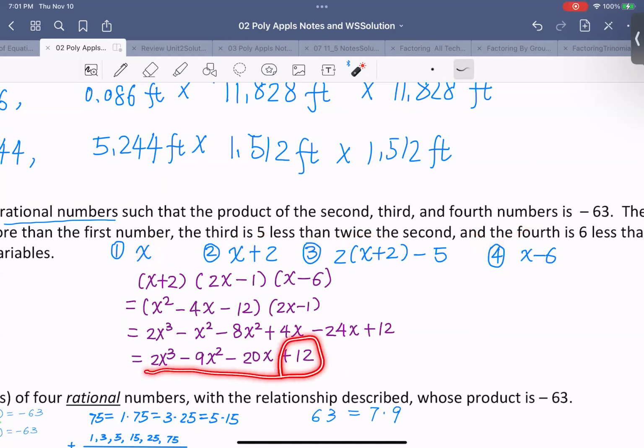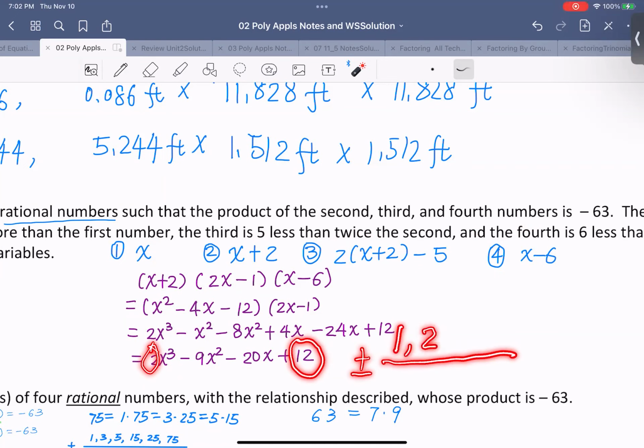So for the synthetic division, we want to look for the possible rational roots. Who are those possible rational roots? The factors of 12 over the factors of 2. The factors of 12 will be plus or minus 1, 2, 3, 4, 6, 12, over 1 and 2.